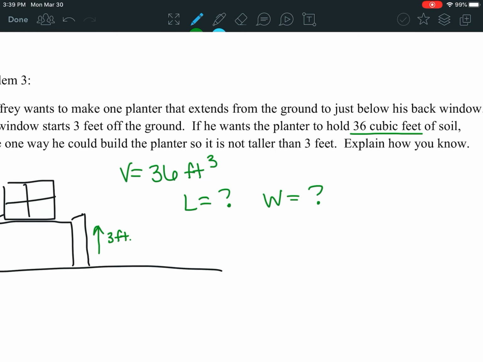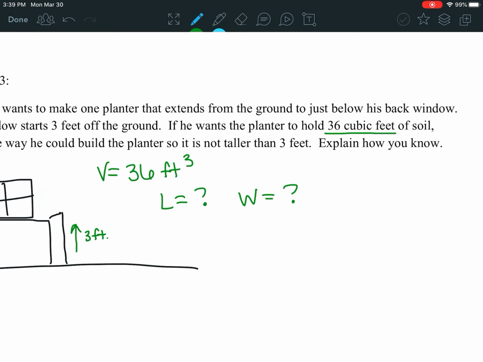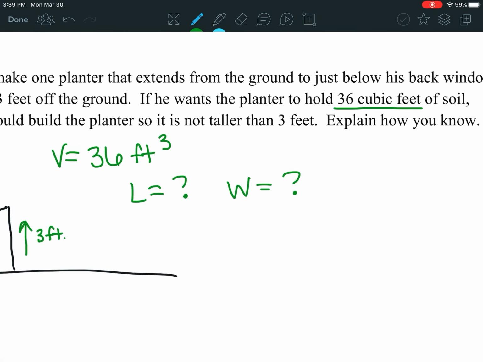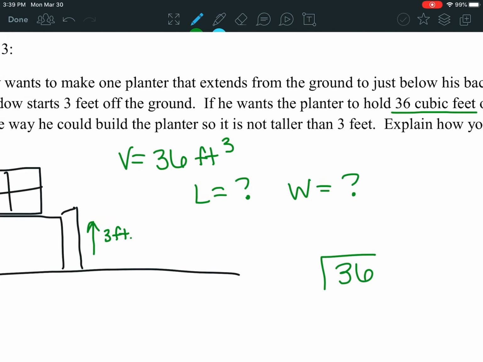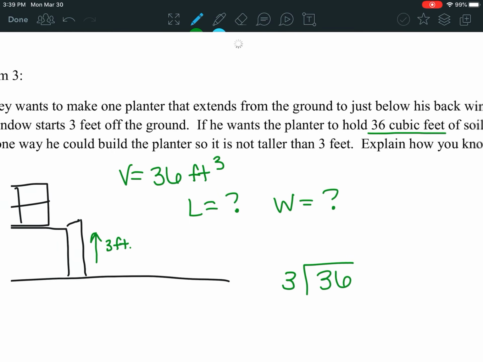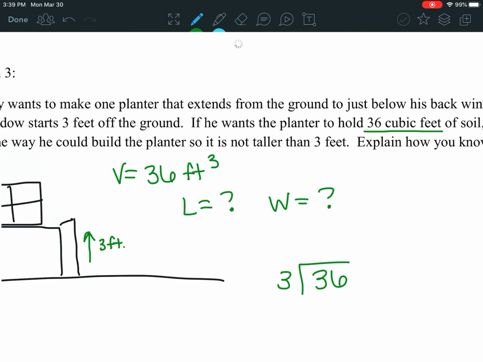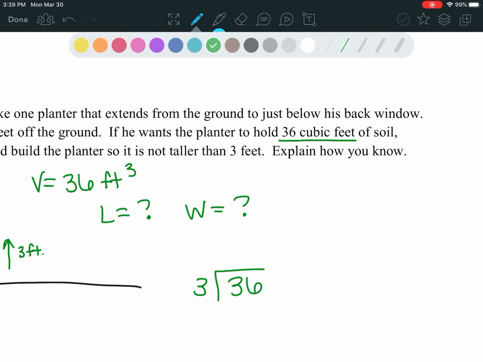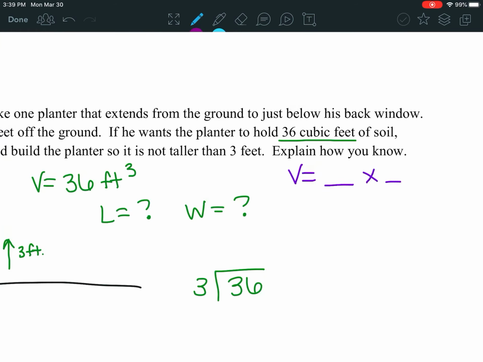And we remember that the inverse of multiplication is division. So I am going to take my 36 and divide it by 3. Because we do know that the height is 3. We can even write that out. Our volume equals blank times 3, because our height is 3.